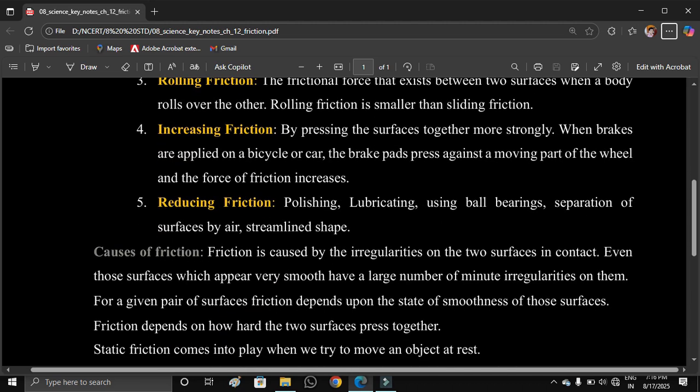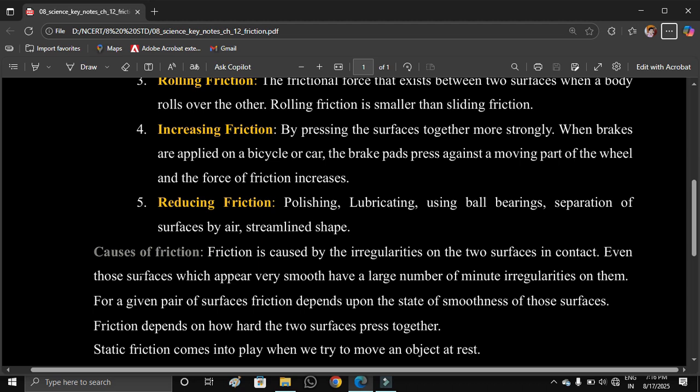Number 5, reducing friction. Polishing, lubricating, using ball bearings, separation of surfaces by air, and streamline shape. These are the ways to reduce the friction.